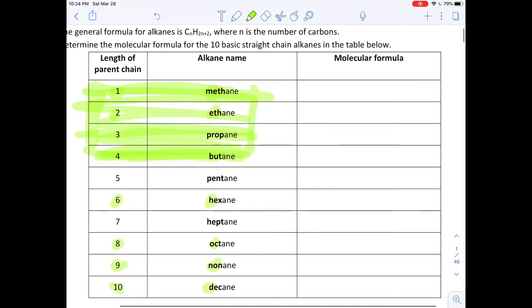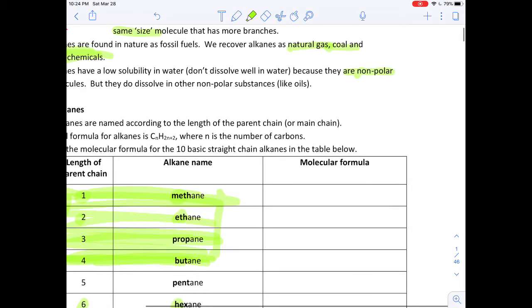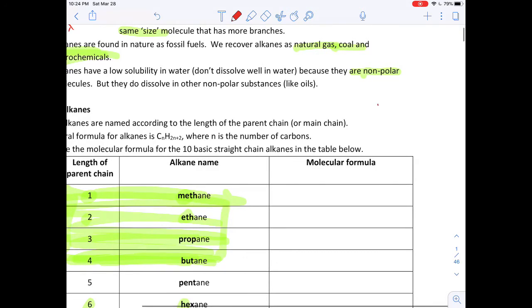Now, molecular formulas for all alkanes follow a pattern. If we look at methane, because carbon has 4 bonding electrons, it can make 4 single bonds, so it's CH4.